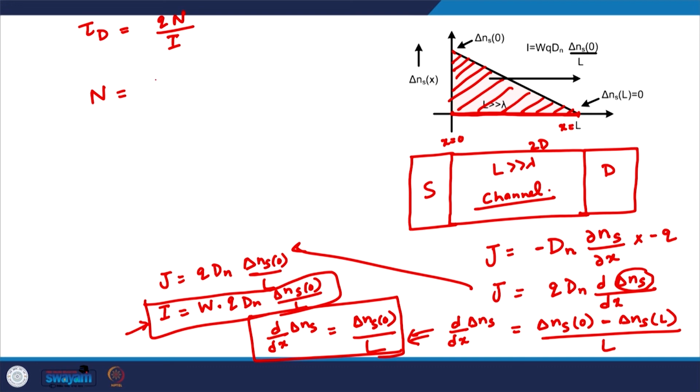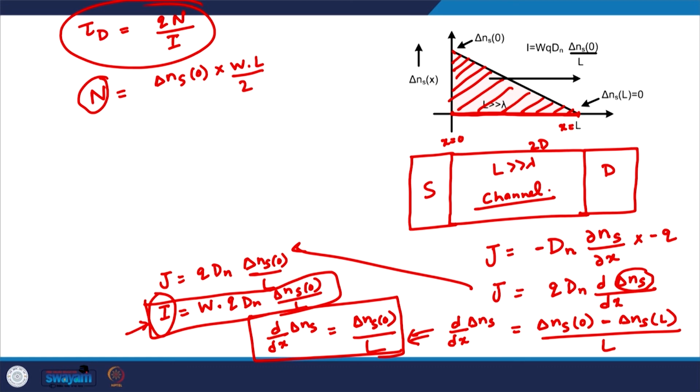So, this will be essentially delta ns0 into W into L by 2. The area is W into L by 2 because this profile is linear. So, we now have N, the steady state population, and the steady state current. We can now find out this tau d just by putting these two in this expression.